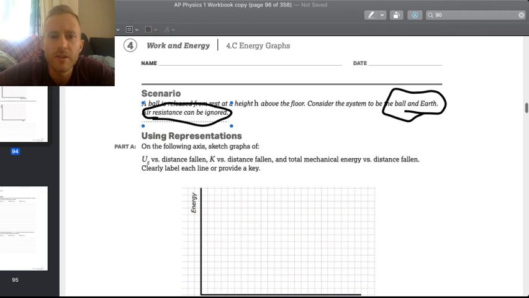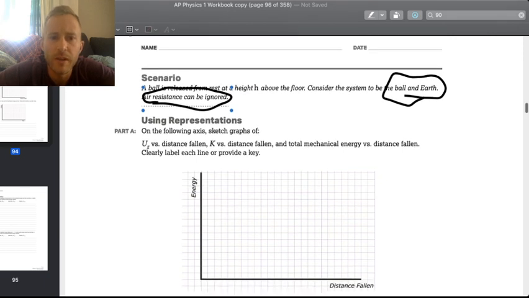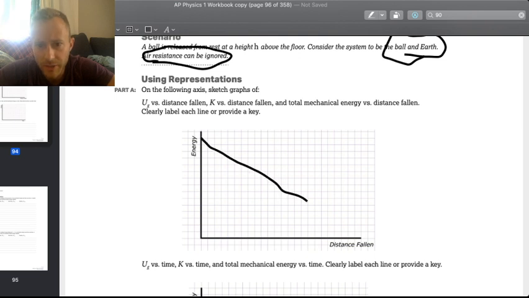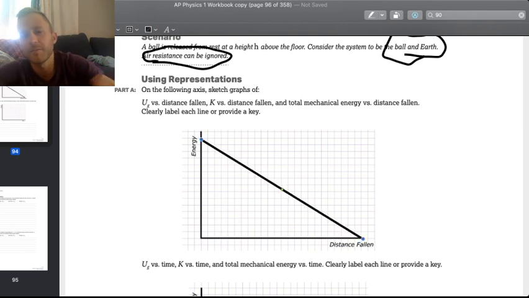On the following axis, sketch graphs of gravitational potential energy versus distance fallen, kinetic energy versus distance fallen, and total mechanical energy versus distance fallen. So, gravitational potential energy drops linearly as the distance fallen increases.